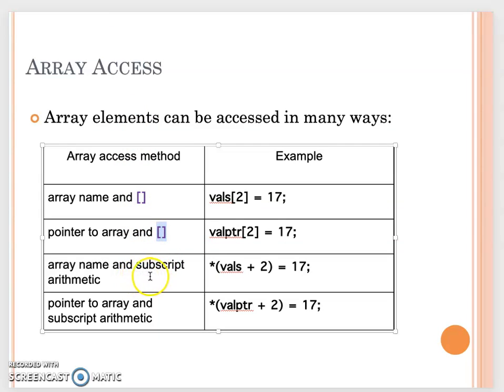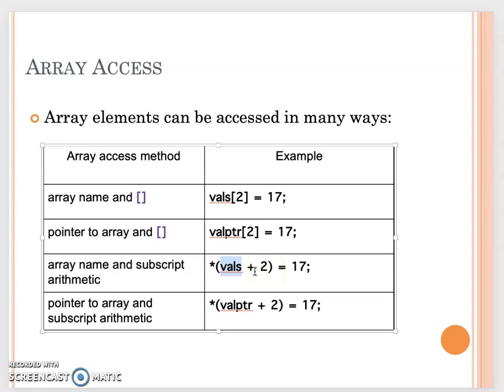And we can also do some calculation using the indirection operator. Before, we saw that if we only do asterisk vals, it refers to the first element of the array. So actually this array name vals can add 1, add 2, add 3.